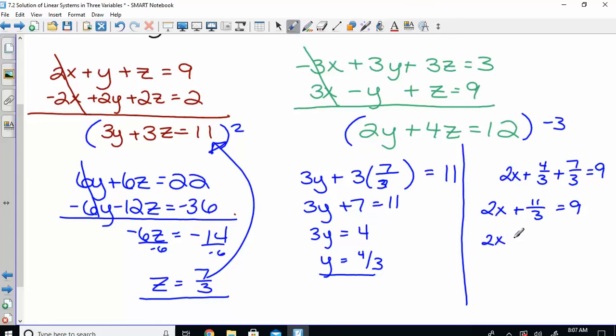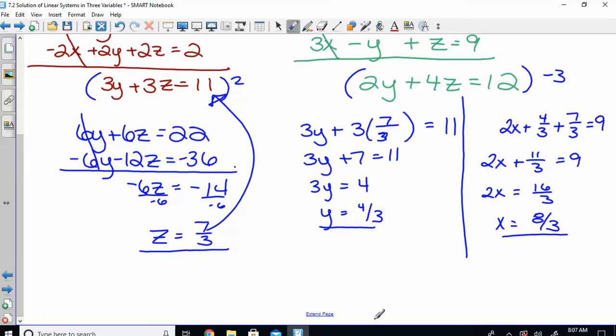I subtract over my 11/3, so 9 minus 11/3 gives me 16/3. Divide by 2, and that gives me an 8/3. And you could certainly use your calculator if you needed to. How do you write these? Alphabetical order: X, Y, Z. So we have 8/3, comma, 4/3, comma, 7/3 for our final answer.